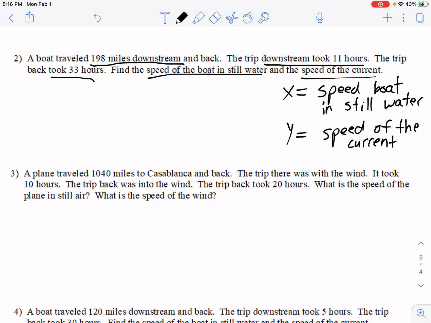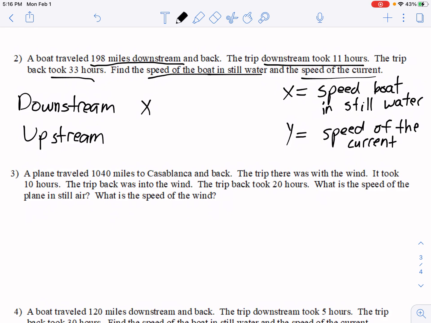Okay, so let's say that we have x here. Let's write the two situations we have. So we have downstream, and then we have upstream. That's really the two trips that we have here, the trip downstream and the trip upstream. Downstream, the boat is going x number of miles per hour.